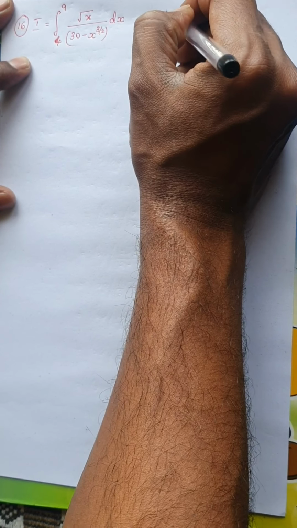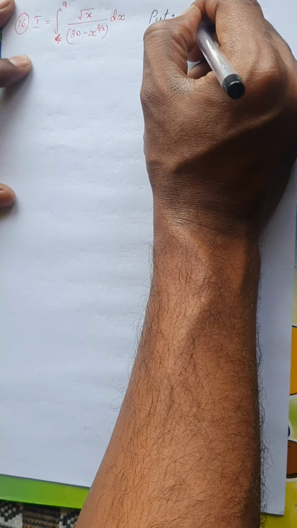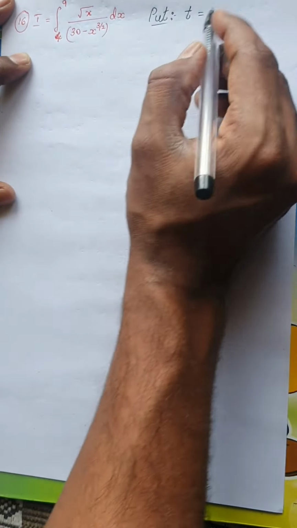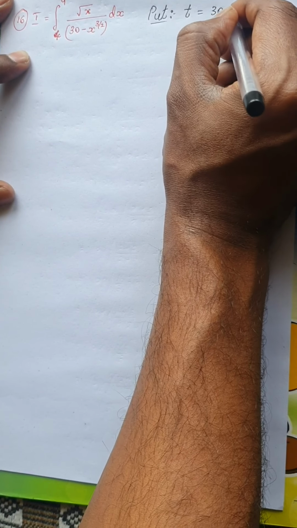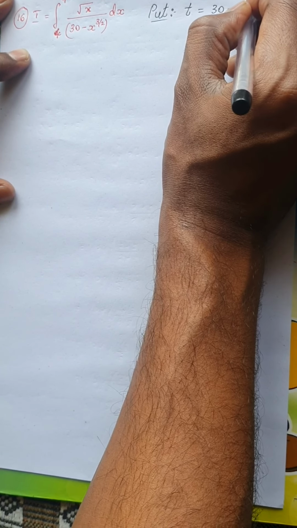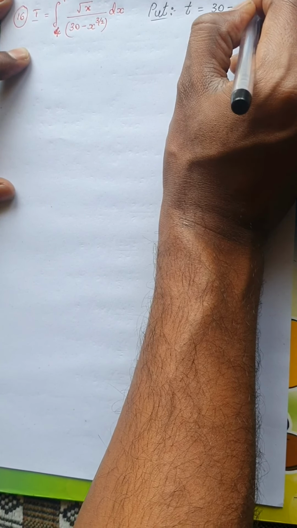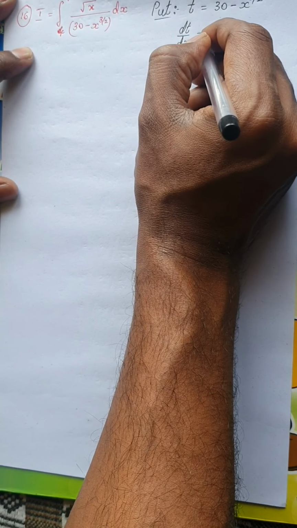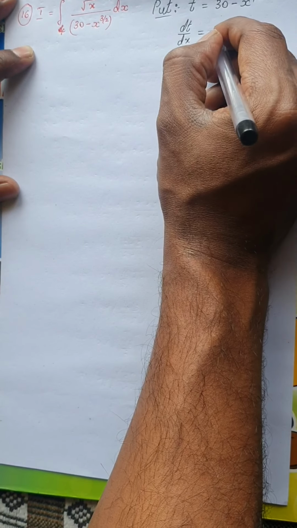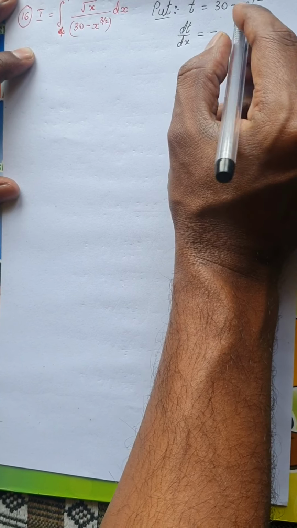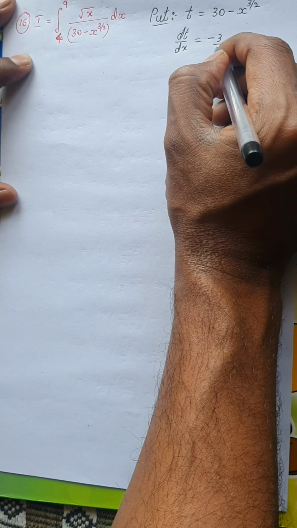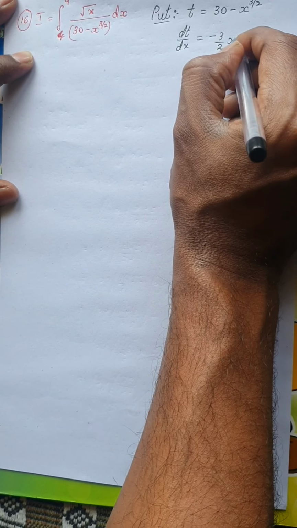So I will put t as the denominator, which is 30 minus x power 3 by 2. If you differentiate with respect to x, dt by dx would be 30 is a constant, minus the derivative of x power n, which is n into x power n minus 1.